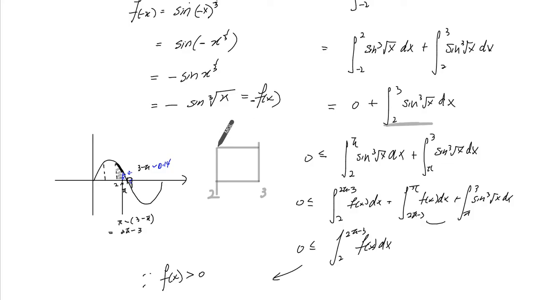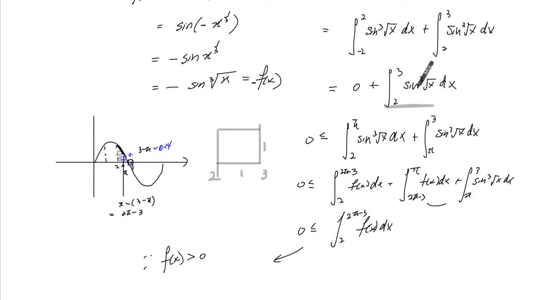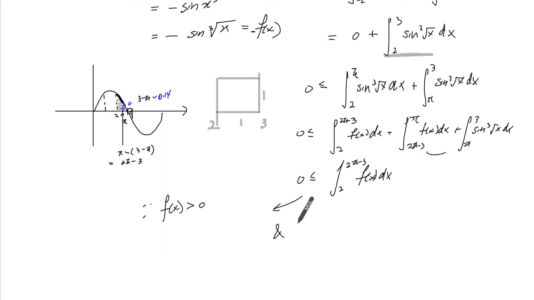Well, let's go back to here. Okay. So that's an interval length of 1. So 2 to 3 is 1. So let's just say 2 to 3. And sine of any angle, the maximum height is 1. Okay. So the maximum area that you can achieve is 1 by 1.